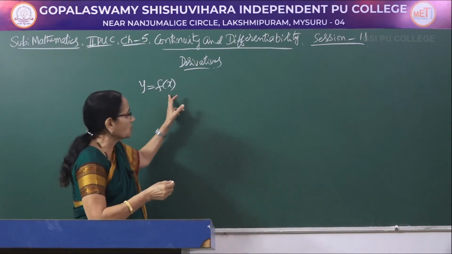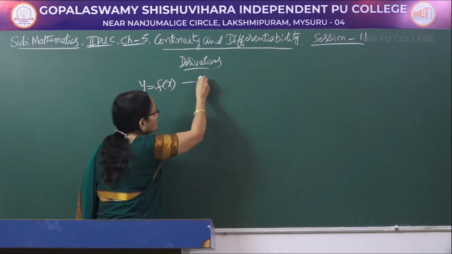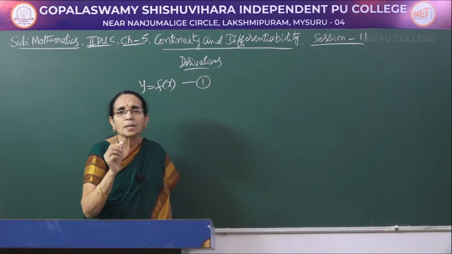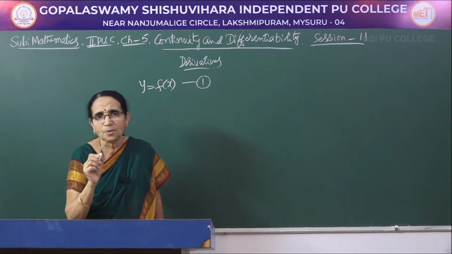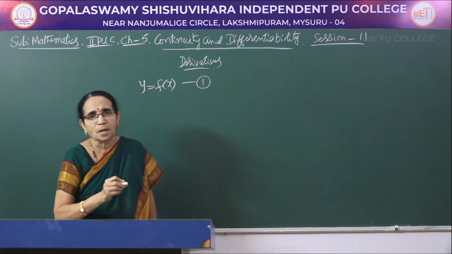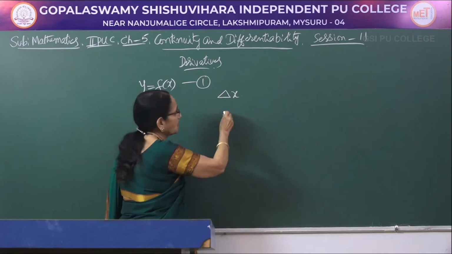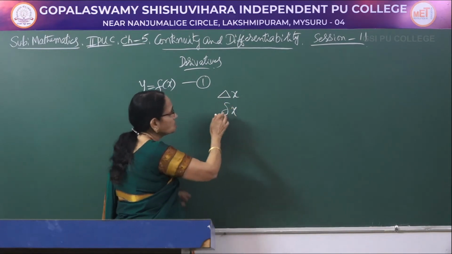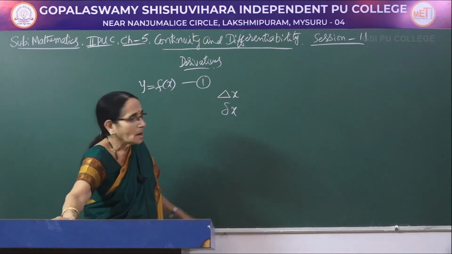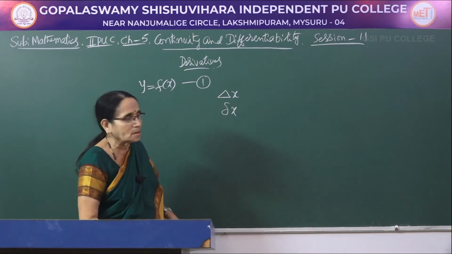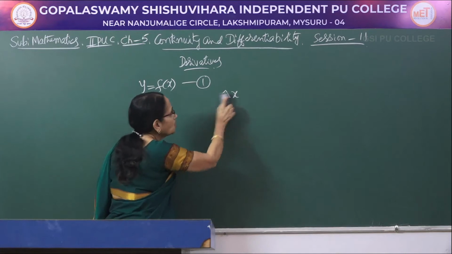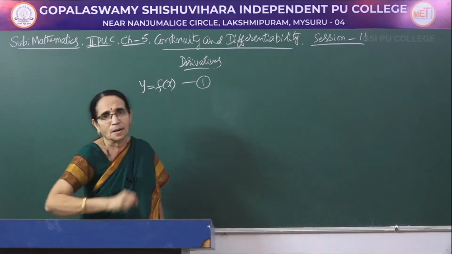I take this result as result 1. Now I increase the value of x by a small quantity. Small quantities are usually denoted by delta x; you can write it either way, both are delta only. So I increase the value of x by delta x.